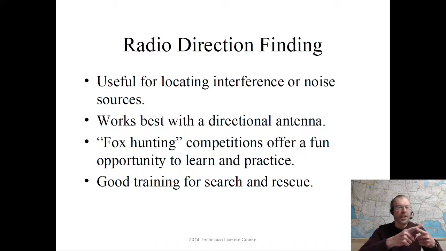The Fox is a hidden transmitter, and one of the club members will be out there with a hidden transmitter, transmitting occasionally and driving the fox hunters crazy with their equipment, trying to triangulate and figure out where the hidden transmitter might be. But this is not just all fun and games, it's good training for search and rescue.